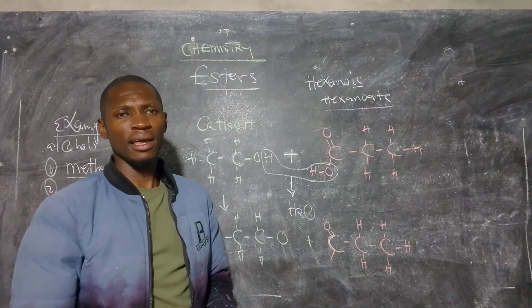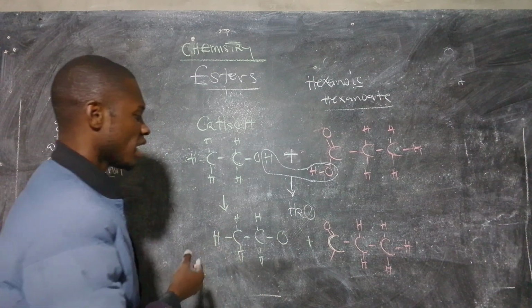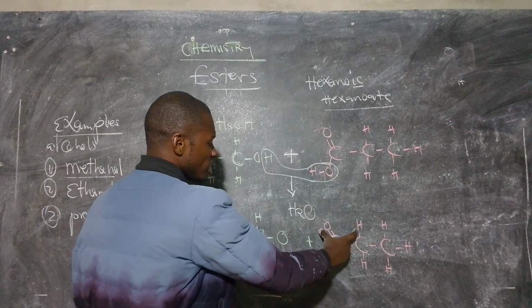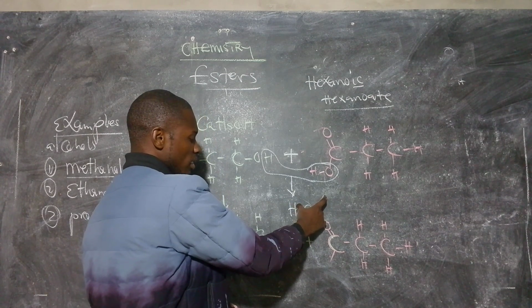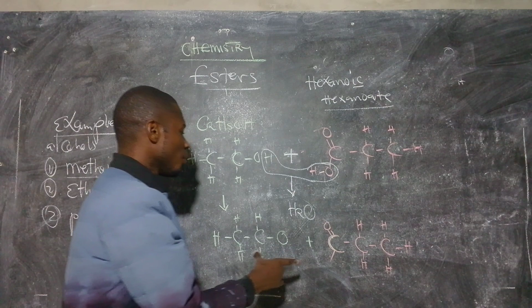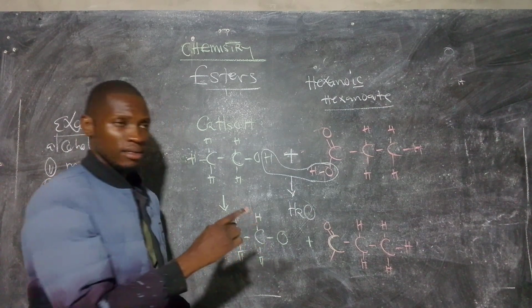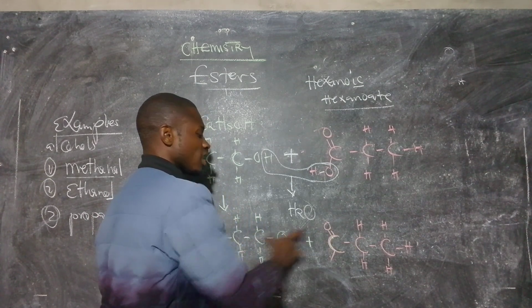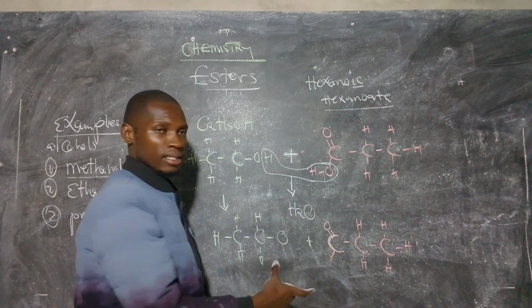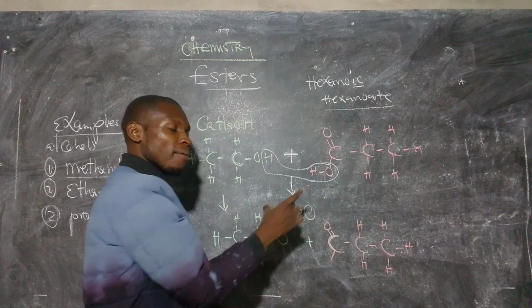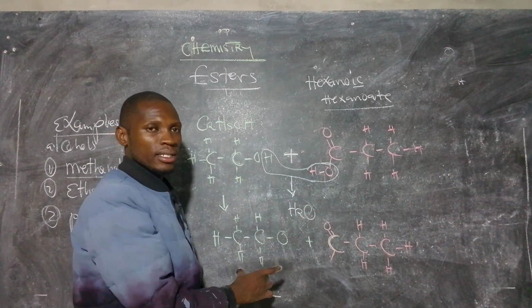Now for you to make an ester in terms of the diagram, you just need this one to shift a bit on top such that this bond can come and match here. So in most cases, whenever you're writing the structure of the product, the acid part is a bit higher than the alcohol part.